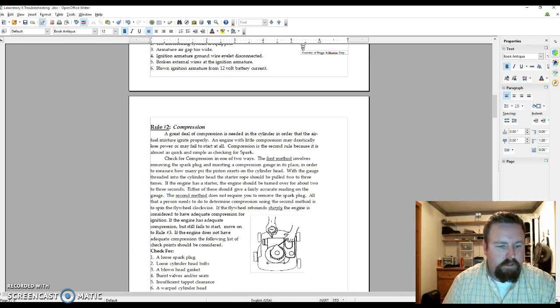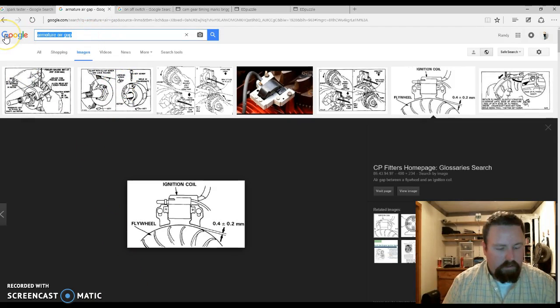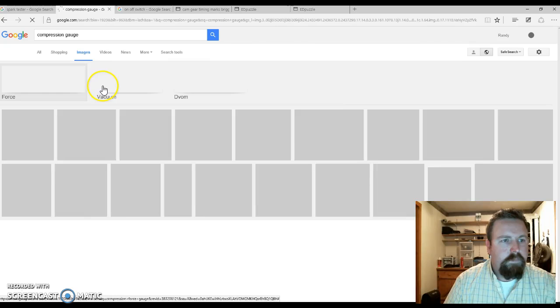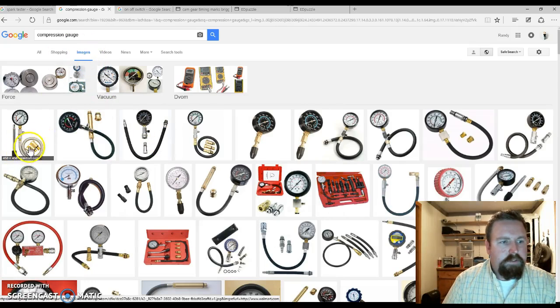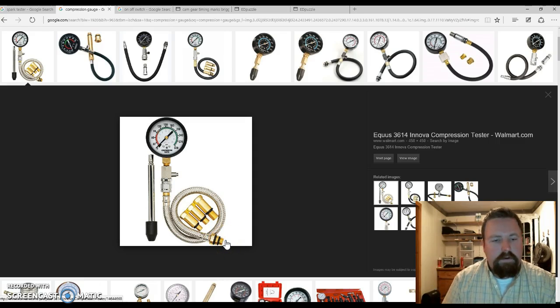Now let's go over here and see. Looks like I don't have one pulled up briefly, but let's go in here and search up compression gauge. As you can see here, there's different styles, but a basic compression gauge. This fitting here will actually thread right in where the spark plug was, and then here you have your gauge.